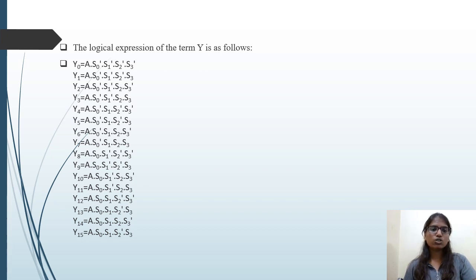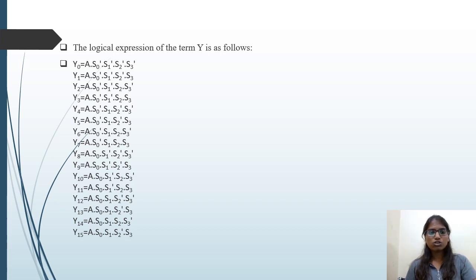Y3 is equal to A into S0 bar, S1 bar, S2, S3. Y4 is equal to A into S0 bar, S1, S2 bar, S3 bar. Y5 is equal to A into S0 bar, S1, S2 bar, S3. Y6 is equal to A into S0 bar, S1, S2 and S3 bar. Y7 is equal to A into S0 bar, S1, S2, S3.